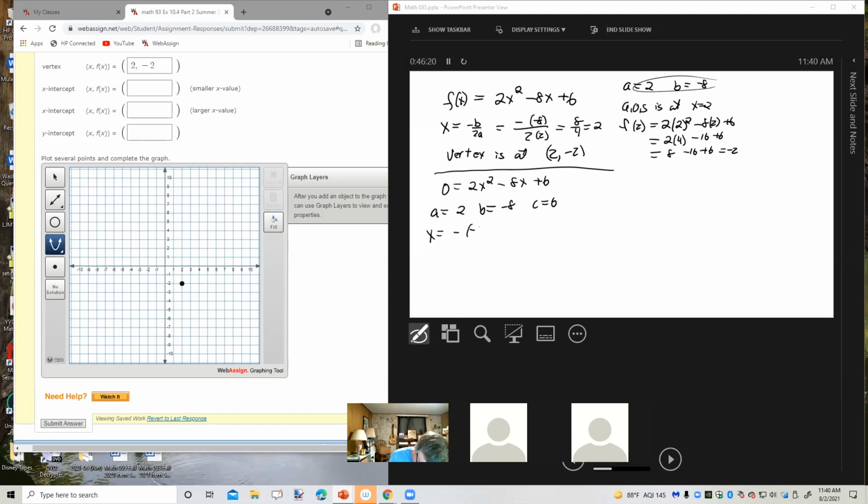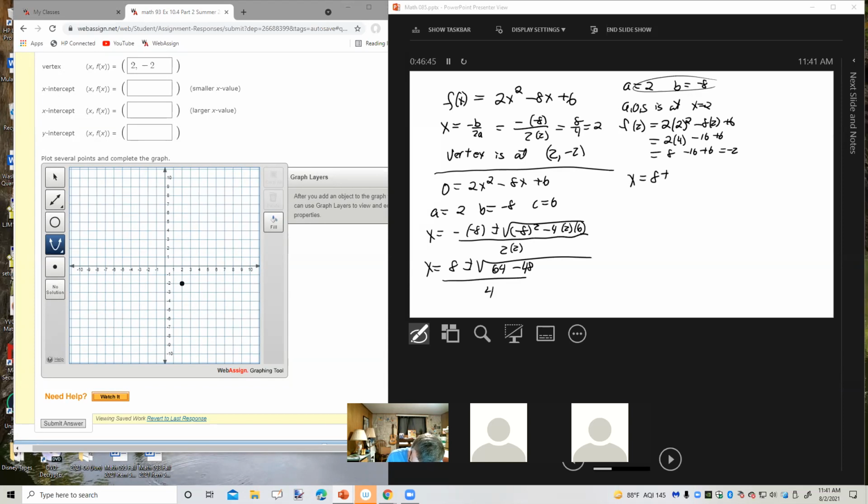X equals negative b plus or minus the square root of b squared minus 4ac all over 2a. x equals positive 8 plus or minus the square root of 64. 4 times 2 is 8, times 6 is 48, so minus 48 all over 4.